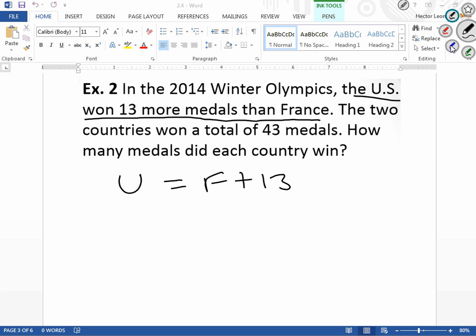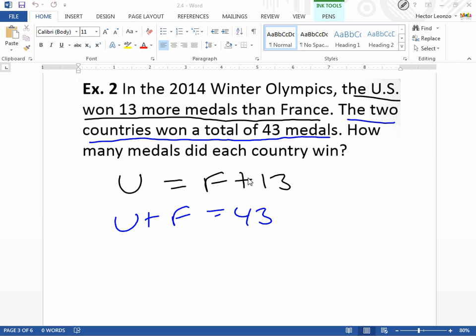Now let's continue reading. The two countries won a total of 43 medals. So US plus France is equal to 43. How many medals did each country win? We're supposed to solve this. Whenever we have an equation and a letter by itself, we use substitution. Notice I have U by itself.